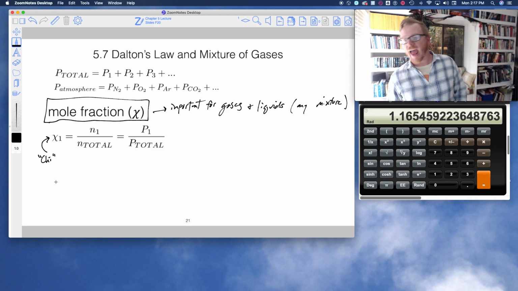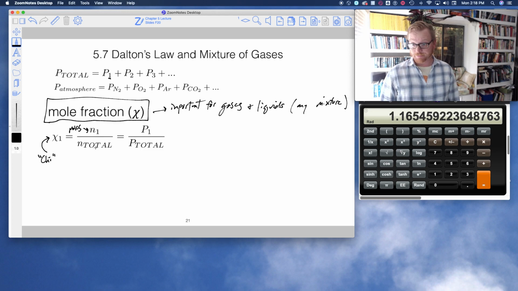I know it looks like an X, and if you use an X, that's fine. Technically, it's the Greek letter chi. Okay? And what the mole fraction says, chi of species number 1, if I do this generically, like P1, so 1 could be nitrogen or oxygen or carbon dioxide, whatever, 2, 3, 4, 5, etc. Okay? So the mole fraction of thing number 1 is going to be the moles, how many moles of that thing there are, divided by the total.